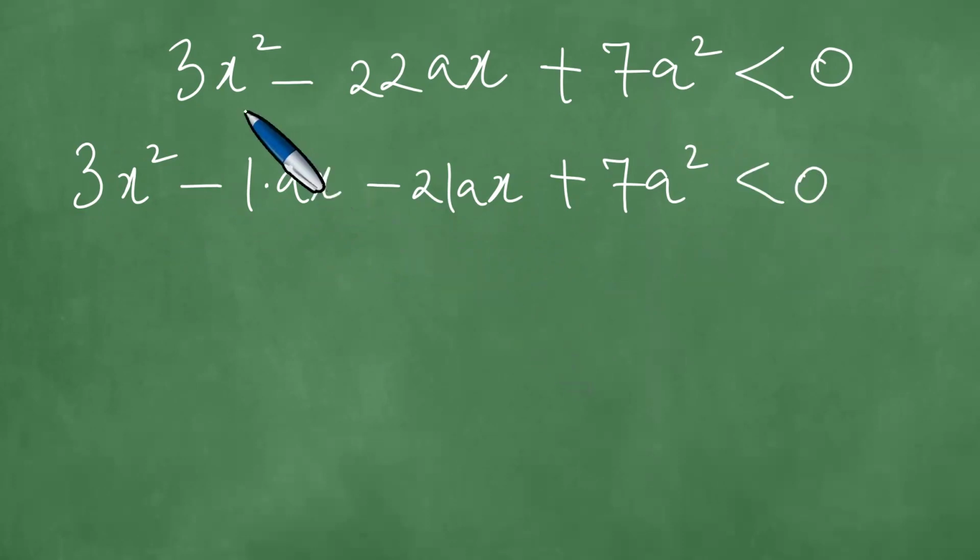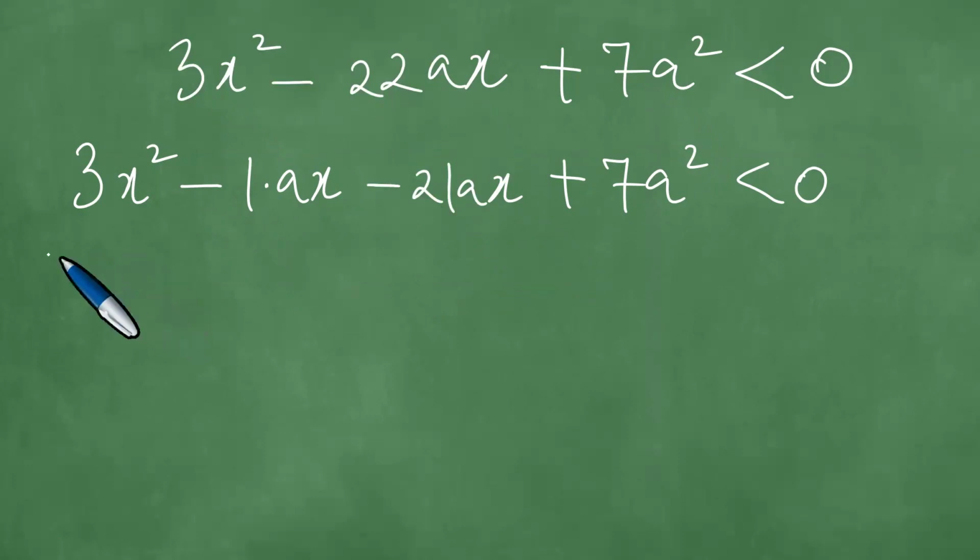And the factors, therefore, are minus ax and minus 21ax, because when you multiply these two, you get exactly the 21a squared x squared. But when you add them up, you get the minus 22.